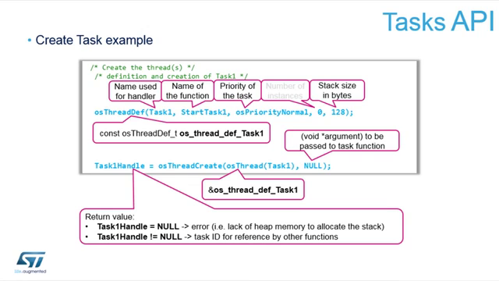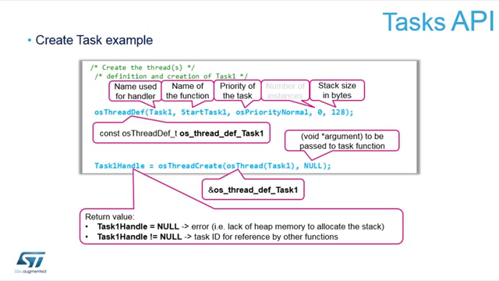Now you can see that the task1 is wrapped by a macro OS_thread, which takes the task1, adds the prefix and the pointer. So effectively it passes the pointer to the local variable created in the OS_thread_def. And the second parameter is the initialization value passed to the task when you create it.